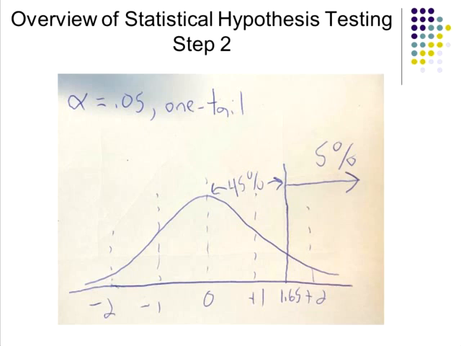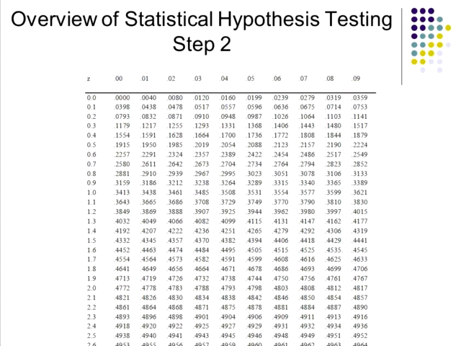Now, we know how that silly z-score chart works, and we want that 5%, but we know we will never find that 5%. Because, of course, in the z-score distribution, all you get is the distance between the score and the mean. And so if 5% fall to the right, then 45% fall between the z-score and the mean. And so let's check this out in this image right here.